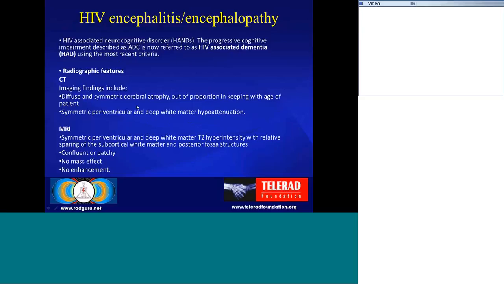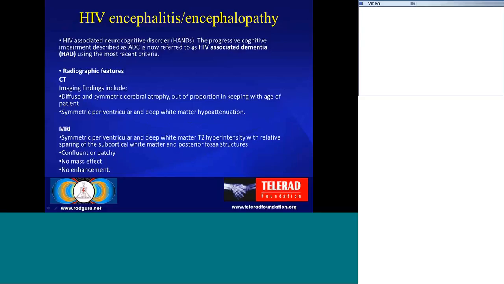The radiological features are diffuse and symmetrical cerebral atrophy, out of proportion to the age of the patient. There will also be symmetrical periventricular and deep white matter hypoattenuation. On MRI we find the same: symmetrical periventricular and deep white matter hyperintensity with relative sparing of the subcortical white matter and posterior structures.